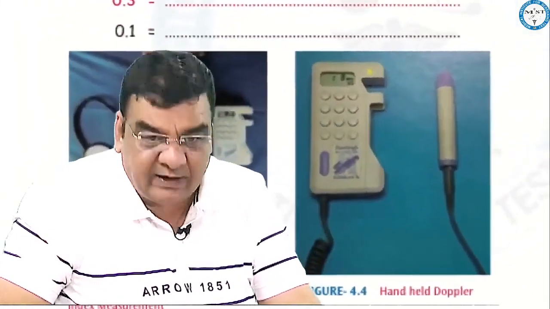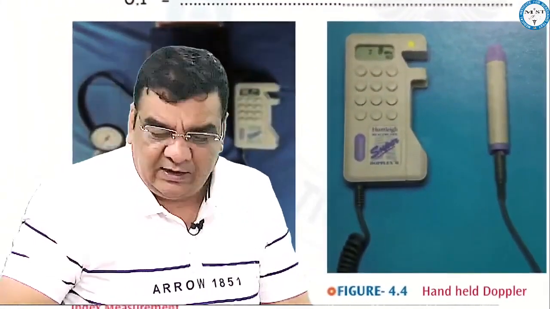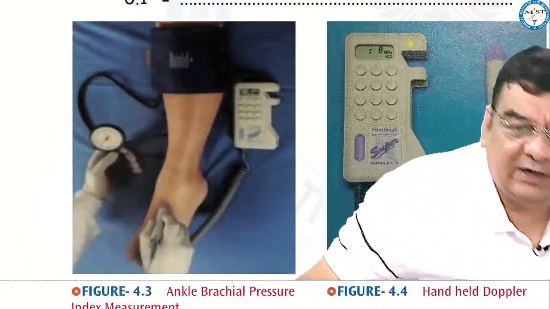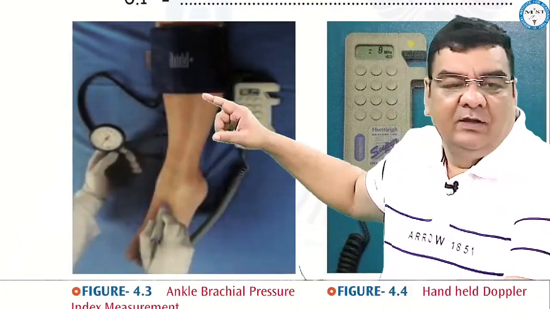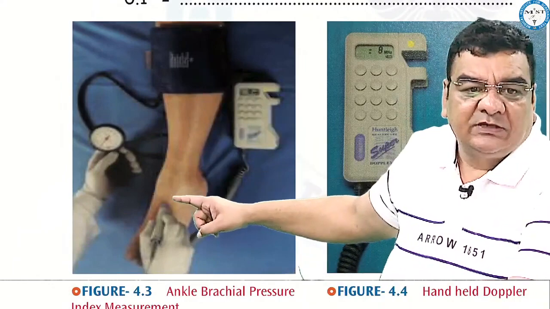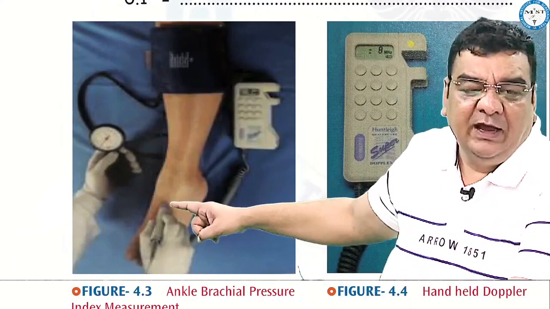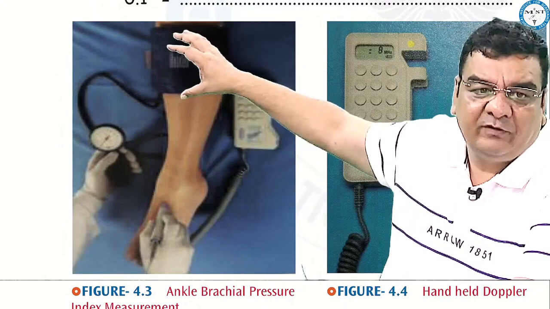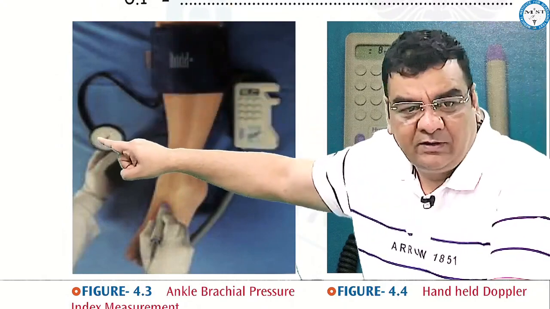How do we measure this pressure, beta? If you just take a look at this, I'll take myself on this side. What we are doing is trying to measure the pressure at the ankle level. What you're seeing is the sphygmomanometer cuff. This is the manometer.